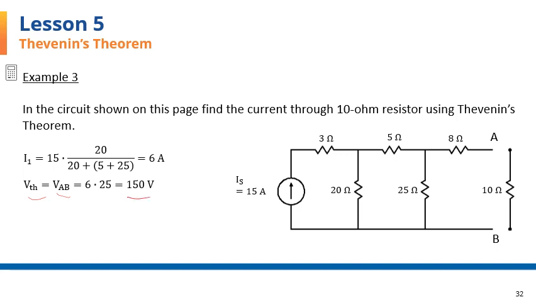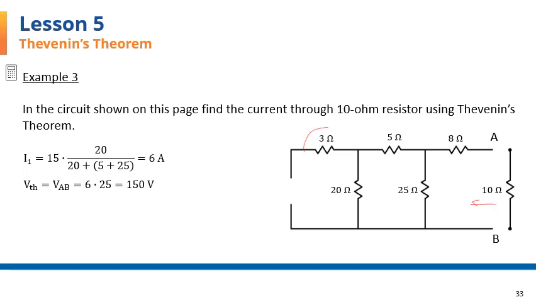In the next step, I need to zero out the current source, and remember, we zero out the current source by taking it out and leaving an open circuit in its place. Once I've done that, I'll look from the AB port into the circuit to find the R equivalent, or RTH. Here is the current source gone, and here we are looking from AB port into the circuit.